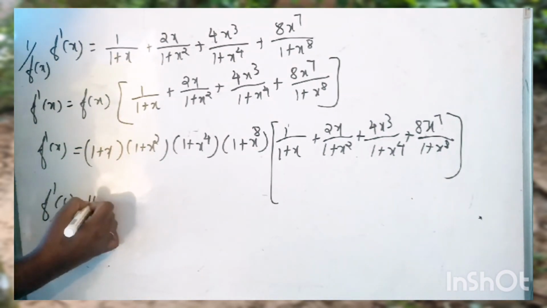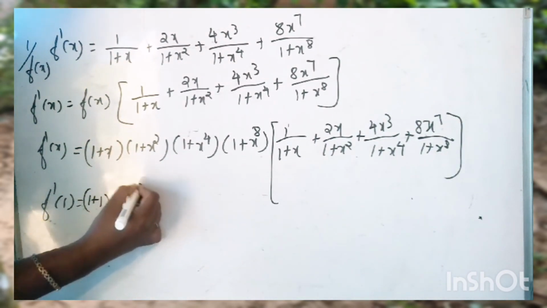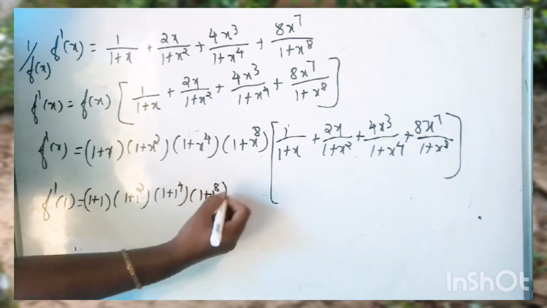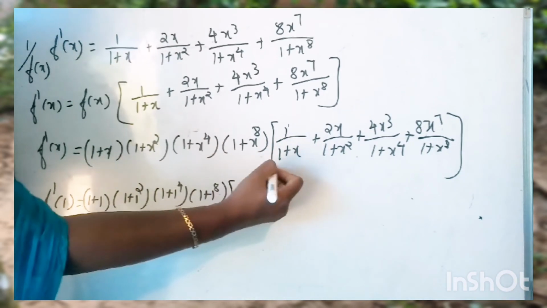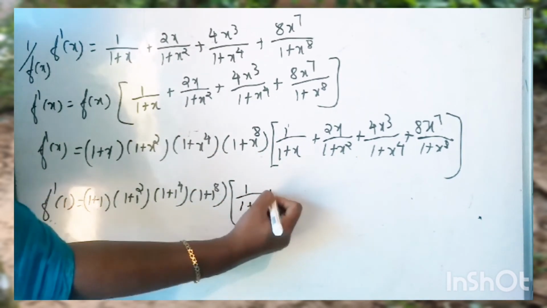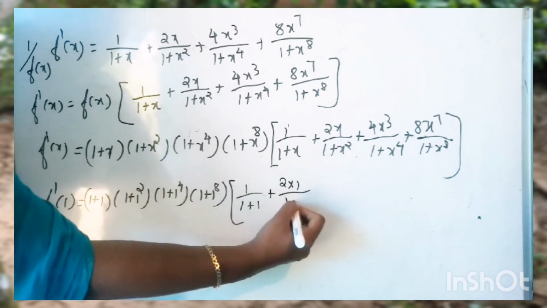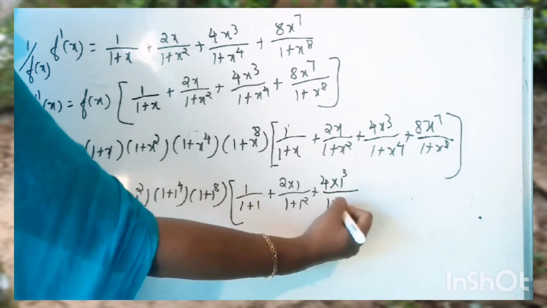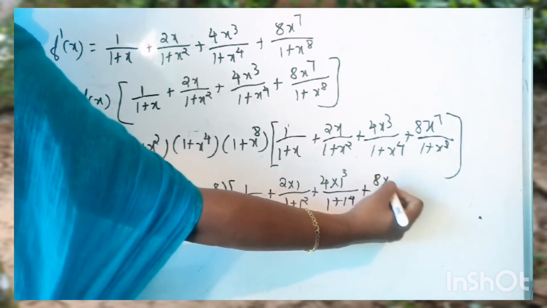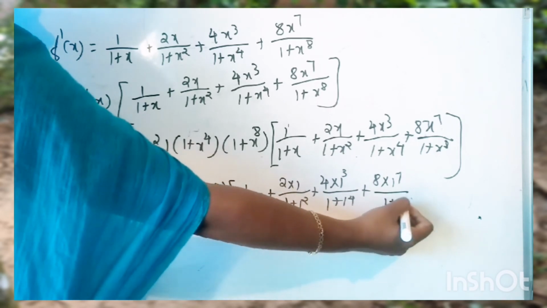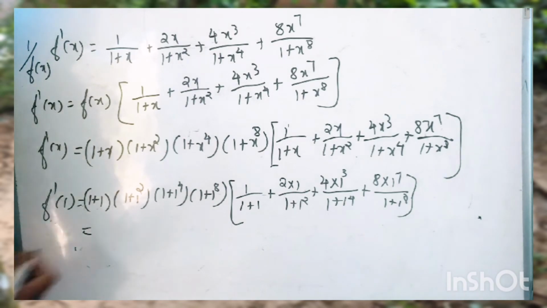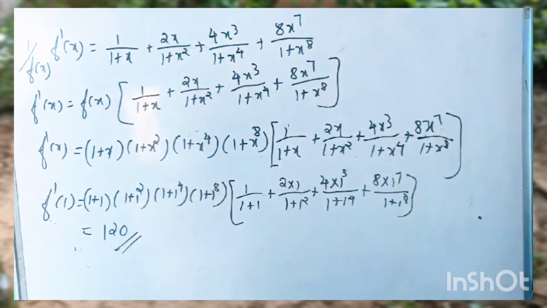So we will have 1 plus 1, 1 plus 1 square, 1 plus 1 raised to 4, 1 plus 1 raised to 8 into 1 divided by 1 plus 1 plus 2 into 1 divided by 1 plus 1 square plus 4 into 1 cube divided by 1 plus 1 raised to 4 plus 8 into 1 raised to 7 divided by 1 plus 1 raised to 8. And after all the calculations, you will get 120. The value of f dash of 1 is 120.